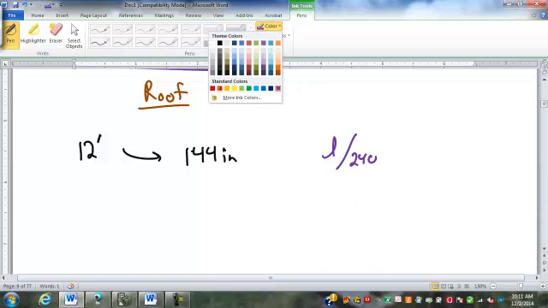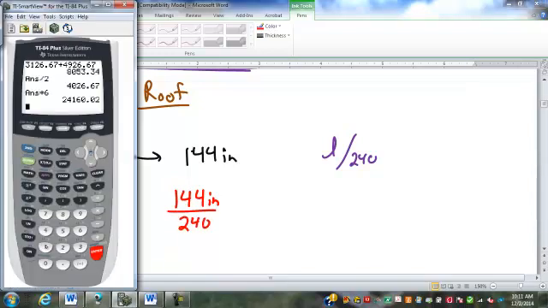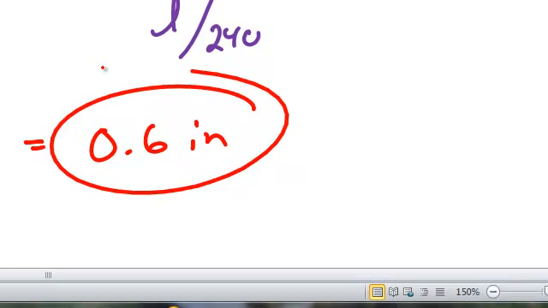What that means is the allowable deflection is your length of 144 inches divided by 240. So that's 0.6 inches of deflection. So that beam can flex just between 1/2 and 5/8 of an inch before it's going to fail in deflection.